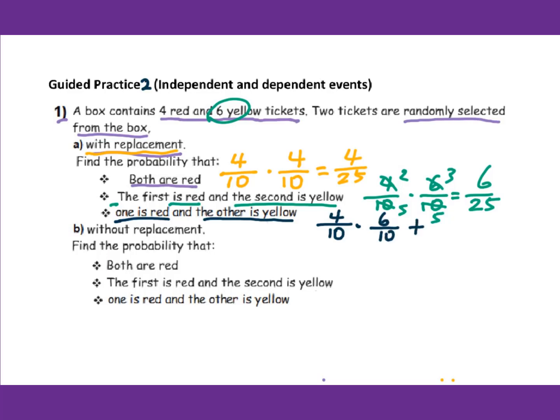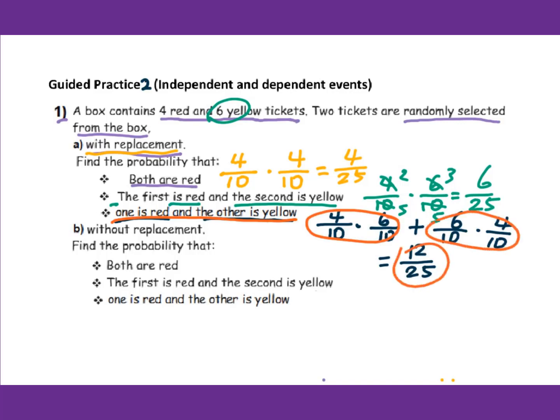Then you need to add: what if the first is yellow, then the second is red? So we get 12/25. When you're working on the problem of probabilities, you have to consider the possible outcomes. Like this one, you have to consider 2 situations. Then you add together to get the probability.